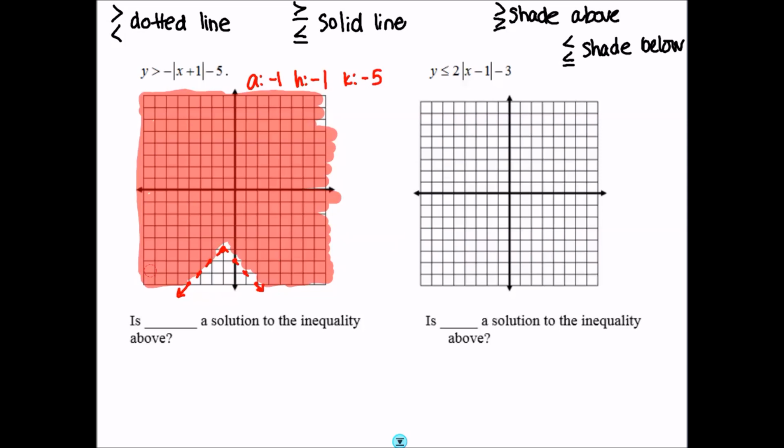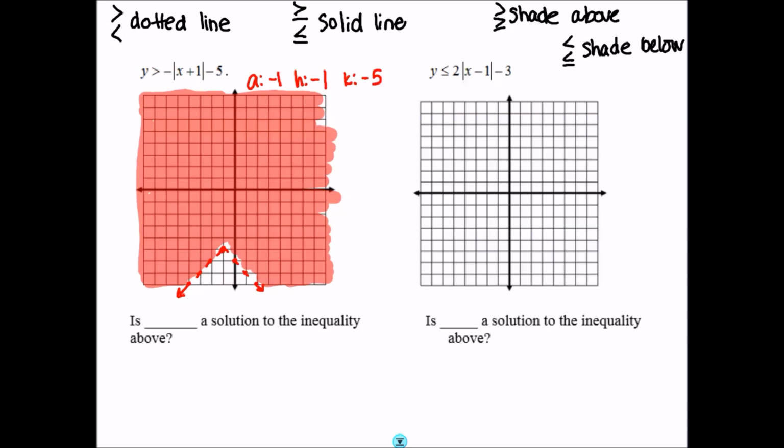So that is the graph of the absolute value inequality. Now, there's this line underneath that says, is blank a solution to the inequality above? So I'm going to pick a couple points, and I want you to try to figure out whether they are solutions or not.